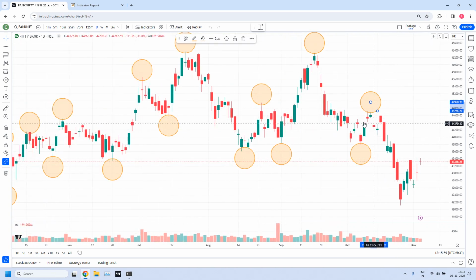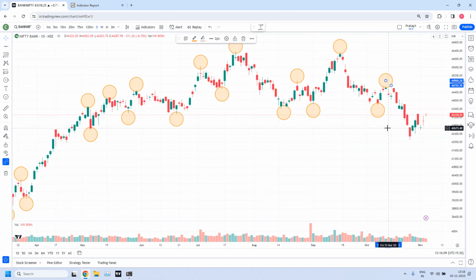Which candle is having the high here? This high is 44710. This high is 44693. So this is a red color candle.